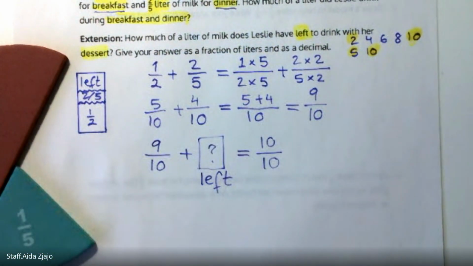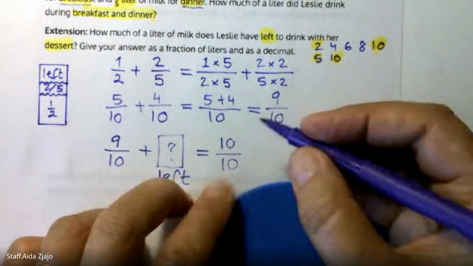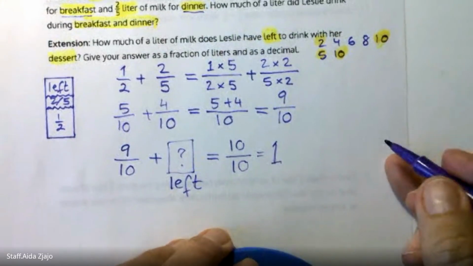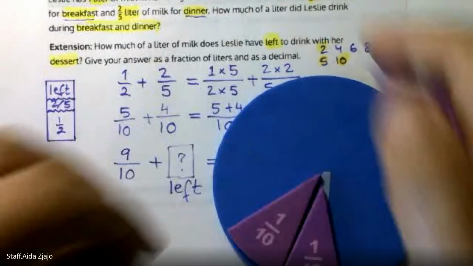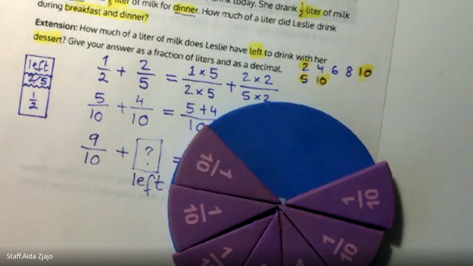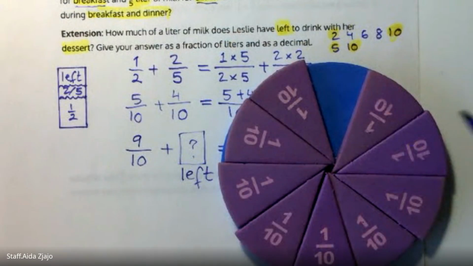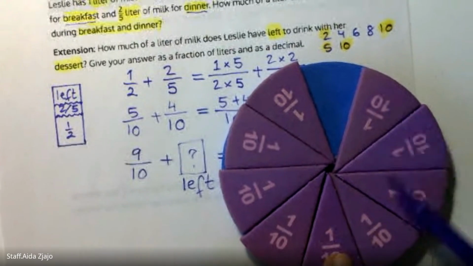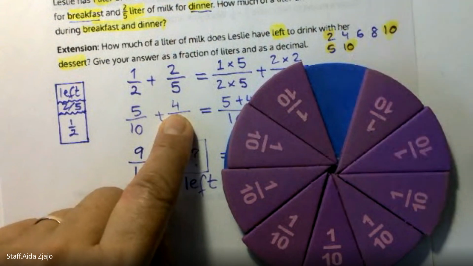And of course, if you know that this is the whole milk, one whole, and you have 1, 2, 3, 4, 5, 6, 7, 8, 9, you can see what we're missing. She drank 1, 2, 3, 4, 5 tenths for breakfast, 1, 2, 3, 4 tenths for dinner, and there is 1/10 left.